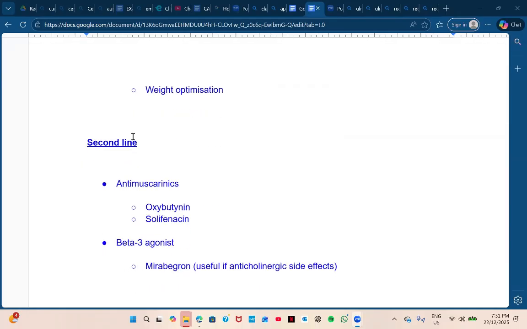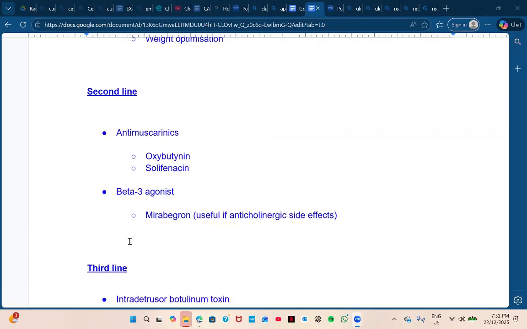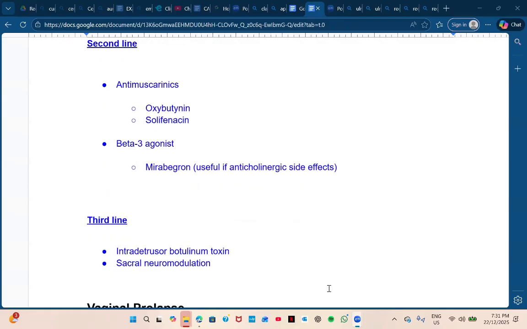Second line, if the first line is not working, then we think about antimuscarinics like oxybutynin, solifenacin, and the beta 3 agonist like mirabegron. This is usually useful in older patients because of the side effects of oxybutynin, since antimuscarinics and anticholinergics are a problem in patients with a history of falls.